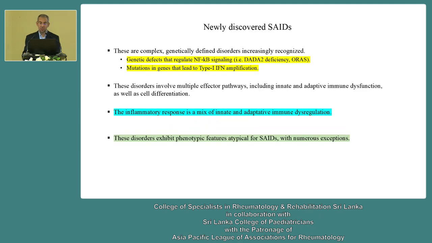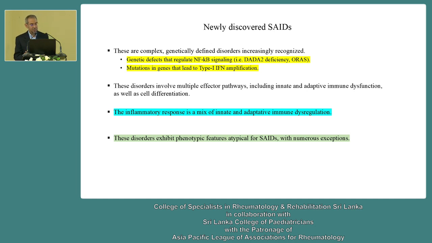Now, the newly discovered systemic autoinflammatory diseases are complex. It's not simple like FMF, where you can make a diagnosis based on the clinical manifestation. They are genetically defined disorders, increasingly recognized, with genetic defects that regulate NF-kappa-B signals, like DADA2 or autoimmune, and there are mutations in genes related to type 1 interferon amplification.